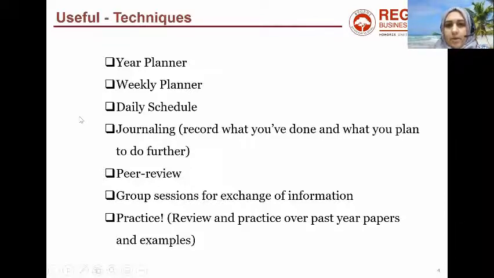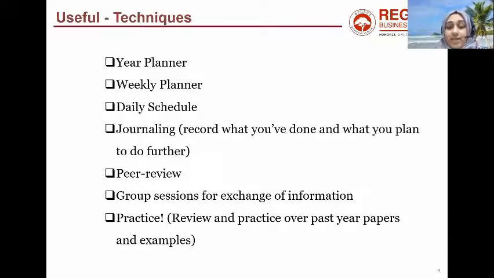Some people like more structure, then you'll do a weekly planner, a daily planner with time scheduling. That works for some and it doesn't work for others. I personally don't like a daily schedule. I prefer a list of tasks for the day, and I will work around the day to see how I best can achieve those objectives with the time that I have available.